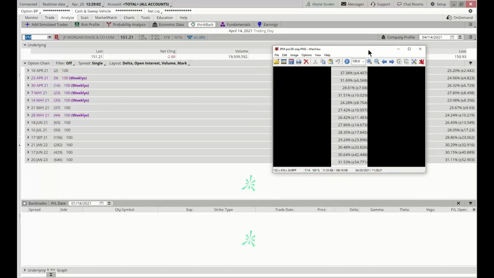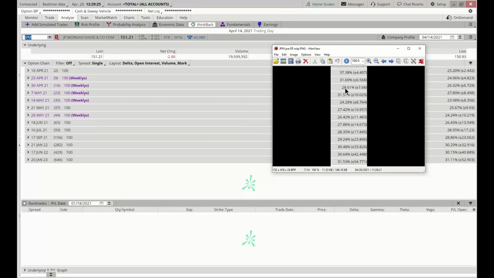Okay. All right. So for reference, there's the pre-ER IV, and the post 1 day went from 37 down to 25. Big crush. How about the 1 week out? From 31.7 down to 25.